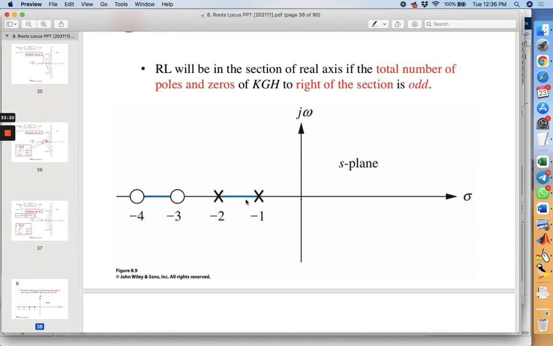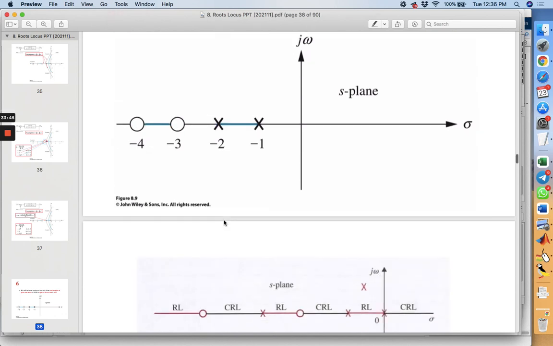In this case, it's poles. So we connect the first pole to its left, then we don't have any root locus, and then we have another root locus between 0, -3, and -4. It alternates: we have root locus, we don't have root locus, we have root locus over here.